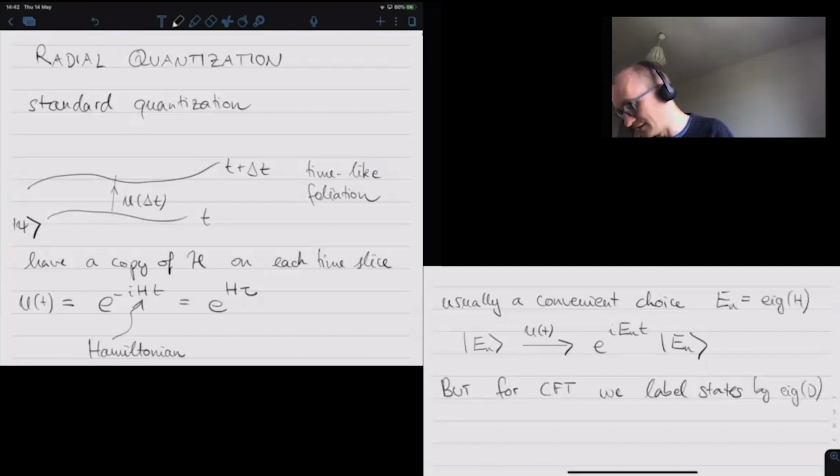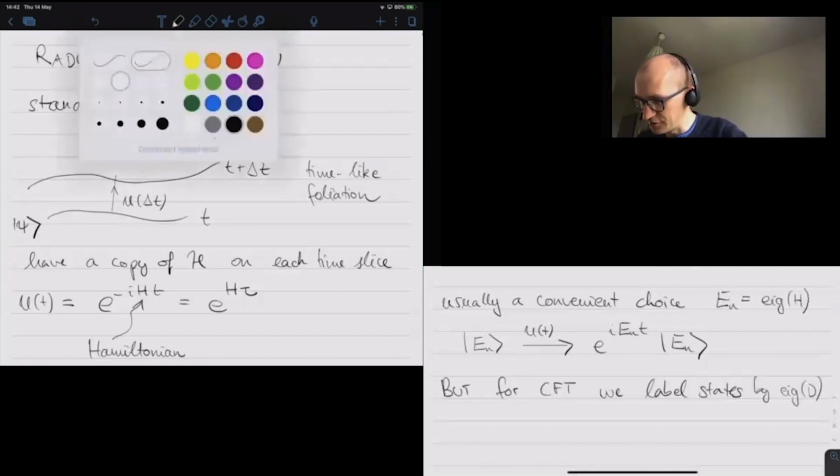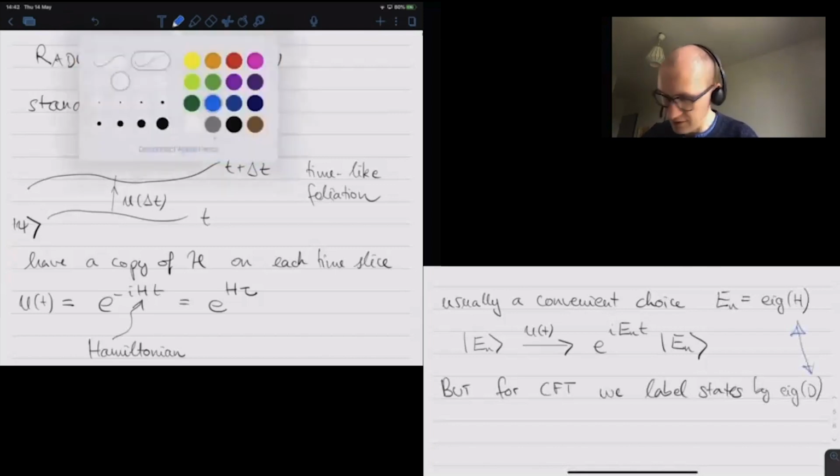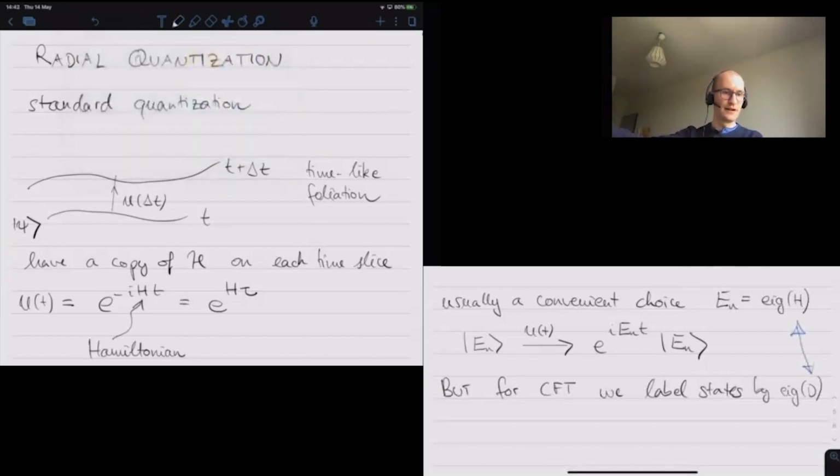So I think I've basically been previewing this already last time around, but this is, of course, also kind of suggestive that maybe there's a quantization in which we think of D as the Hamiltonian. So let's go there. So first of all, let's construct eigenstates of D for now, and then we will see what happens to them under conventional time evolution, which we will say is not convenient, and then we will see what happens under this radial evolution, which will be much more convenient.